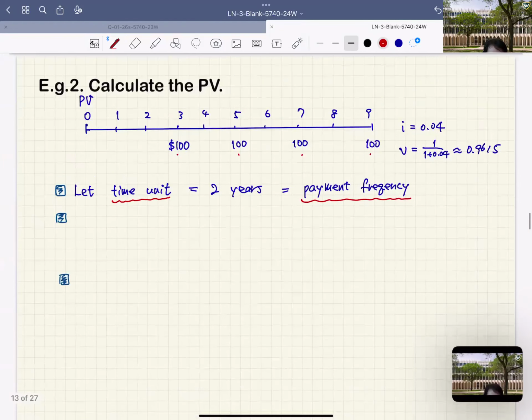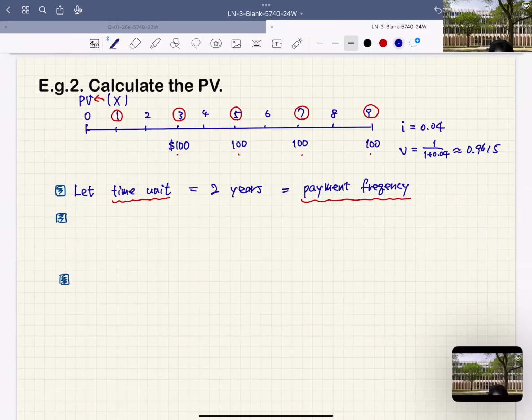But the one problem is that if the time unit is 2 years, the important points are t equal to 3, 5, 7, 9. Then t equal to 0 is fractional time. So probably it's best to evaluate this cash flow at t equal to 1, then after that, transform this into t equal to 0. That is probably the best strategy.